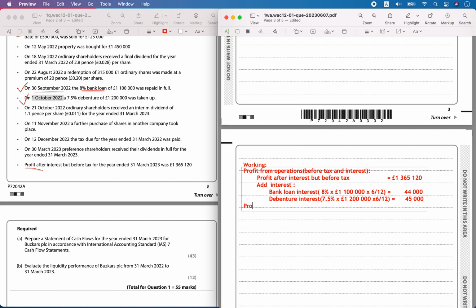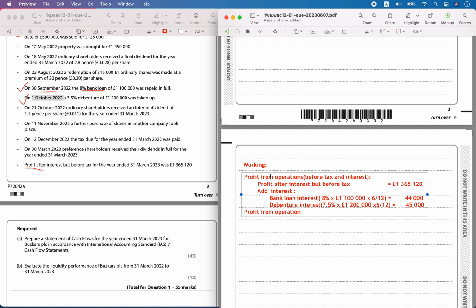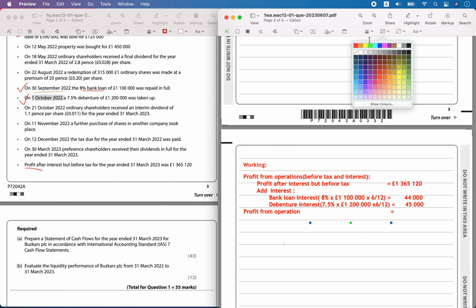Now let's get profit from operations. Tax has not been paid off, so we already have profit from operations. If they had already subtracted tax, you will have to add back that also. So you need a profit before tax was paid, before interest was paid. So operations is going to be equal to, I am going to just add back all of this.